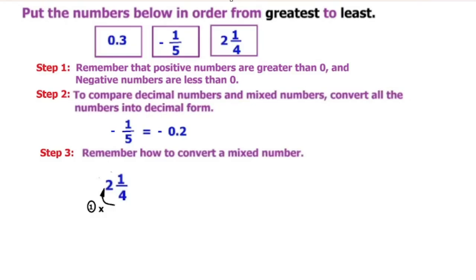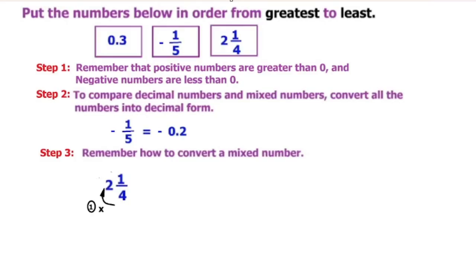So it'll look like this. So 2 times 4 is the first operation you do, and then you add 1, and then the denominator will stay the same. So that equals 9/4, and then when you put that into your calculator, you'll see that it equals 2.25.